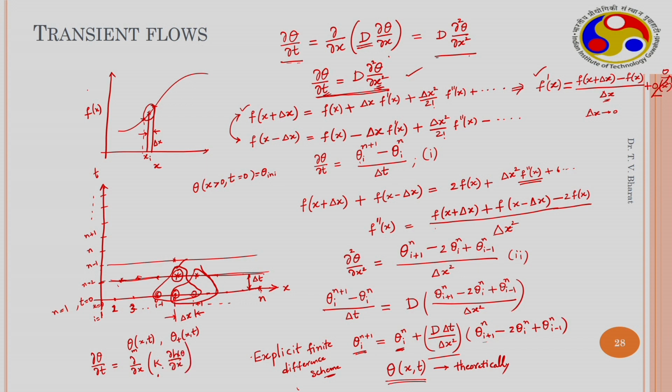So here, if the h of theta function and the k function are known, then you can obtain theta of x, t numerically, like what I have shown here.